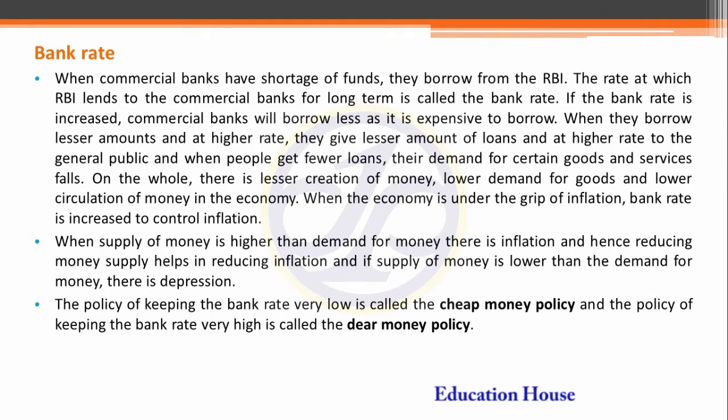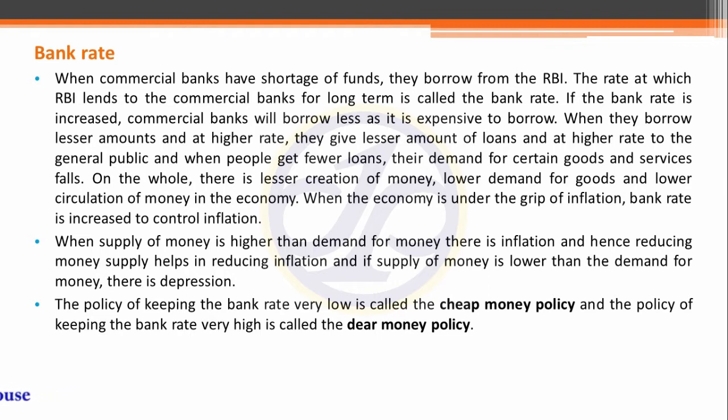See, as per the basic example, if the market is going through inflation, at that time Reserve Bank of India tries to control the supply of money. For that purpose, they increase the bank rate. If RBI increases the bank rate, then banks get funds at a high rate of interest, so they deliver loans to the people again at a high rate of interest.